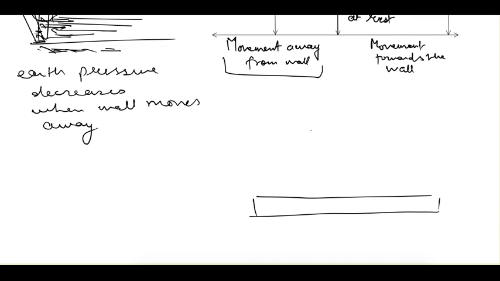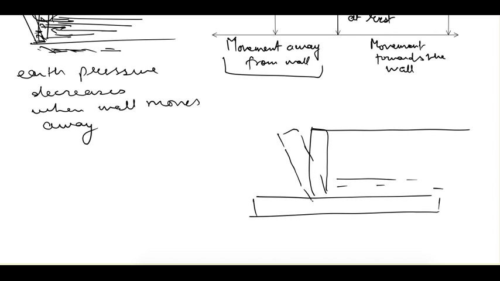This is the wall. Now we are saying that it is going something like this. This is the soil mass. When this movement takes place, a shear plane will form in this soil, and if this shear plane is formed, then the soil mass above the shear plane will try to move outwards and downwards because this wall is moving here.